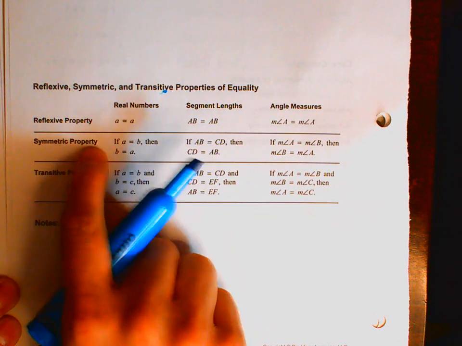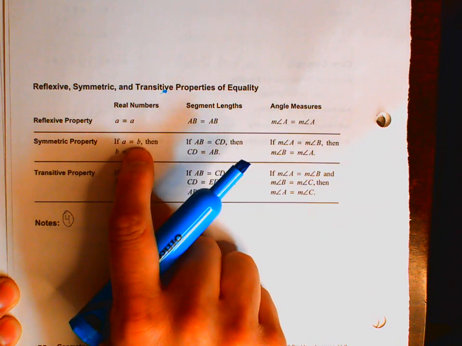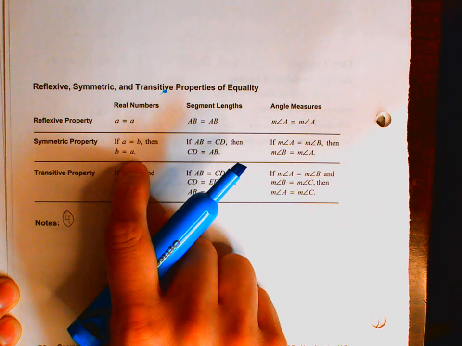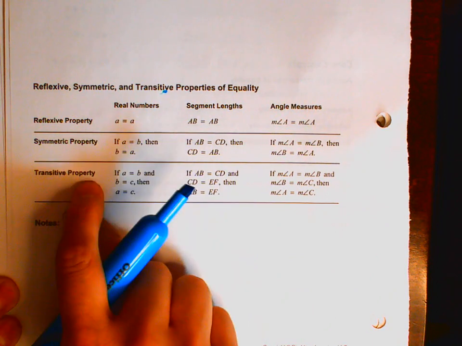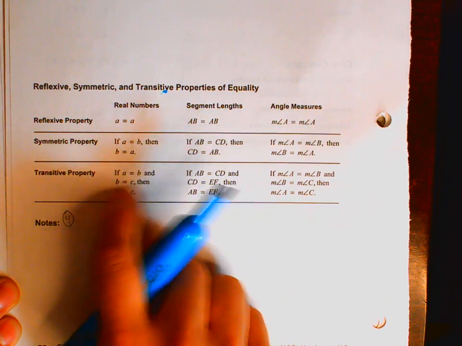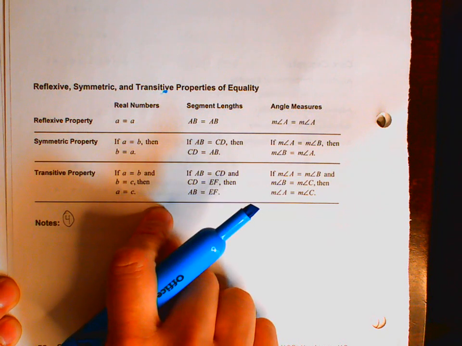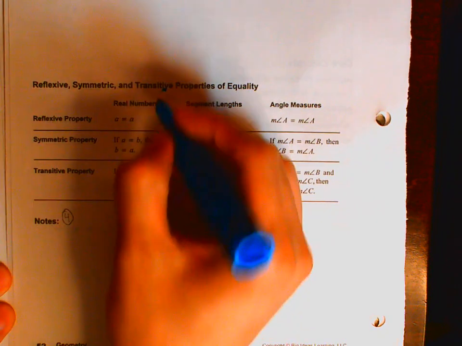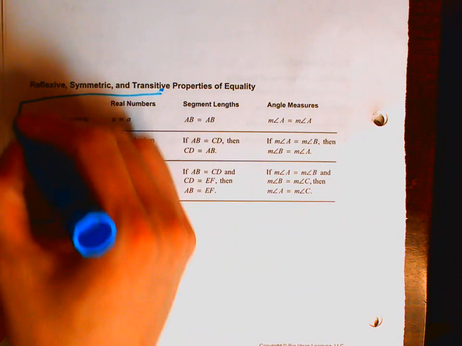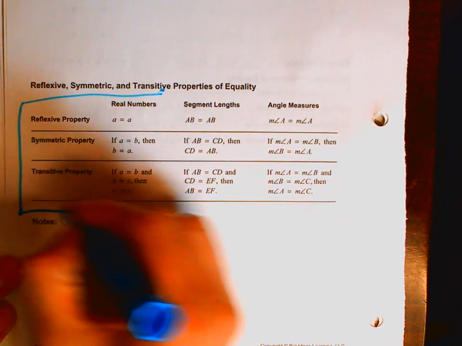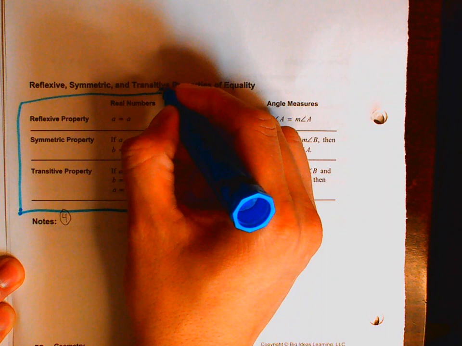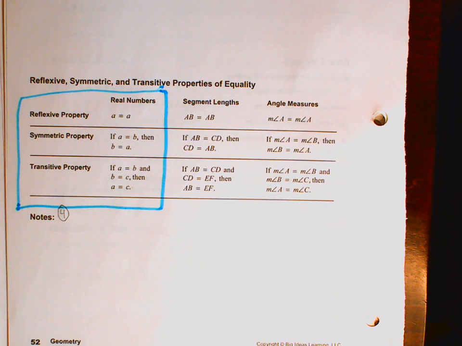The symmetric property: if A equals B, then B equals A. Transitive property: if A equals B and B equals C, then A equals C. These are not new. You learned these back in middle school. Now, these are all in reference to real numbers.